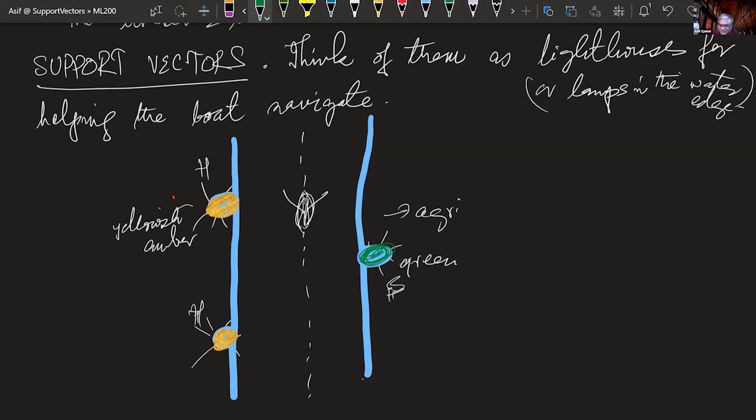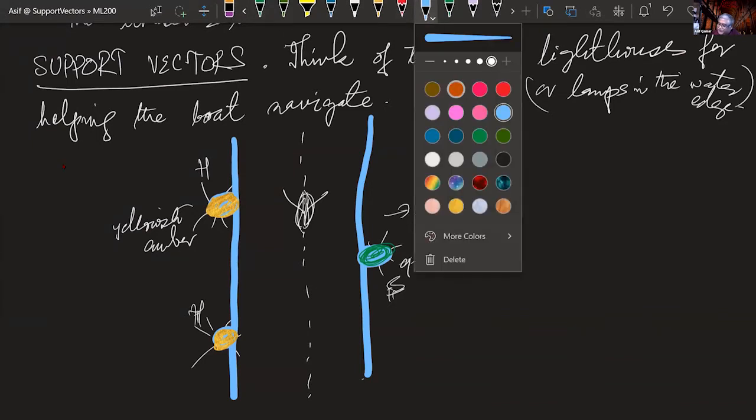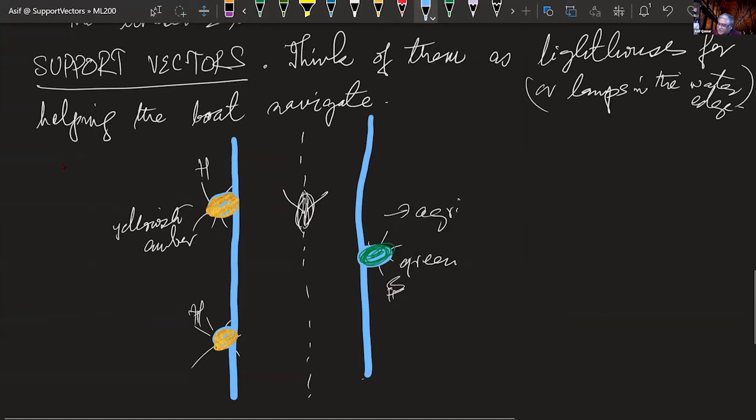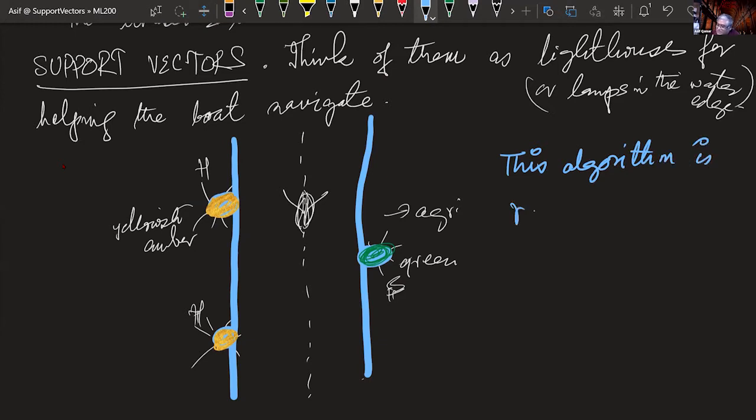And so that brings us to some very remarkable conclusions. This algorithm, which color should I use to emphasize the beauty? Maybe I'll use this. This algorithm is robust, and this is something that startles you when you see that it's obvious, robust against outliers, isn't it?